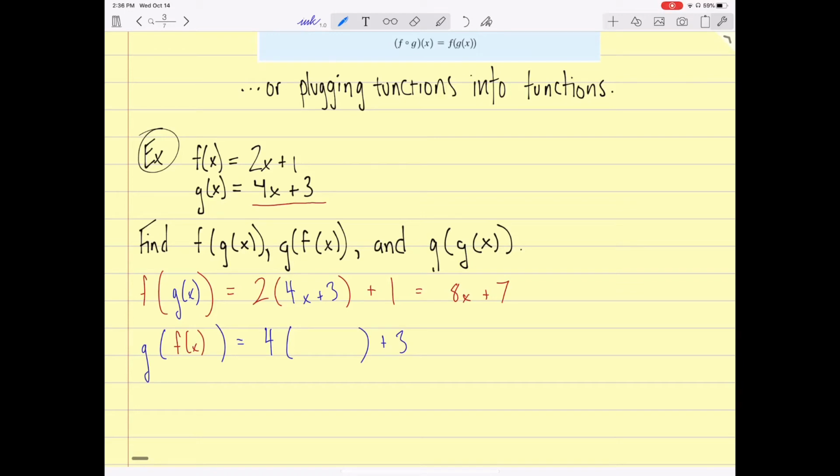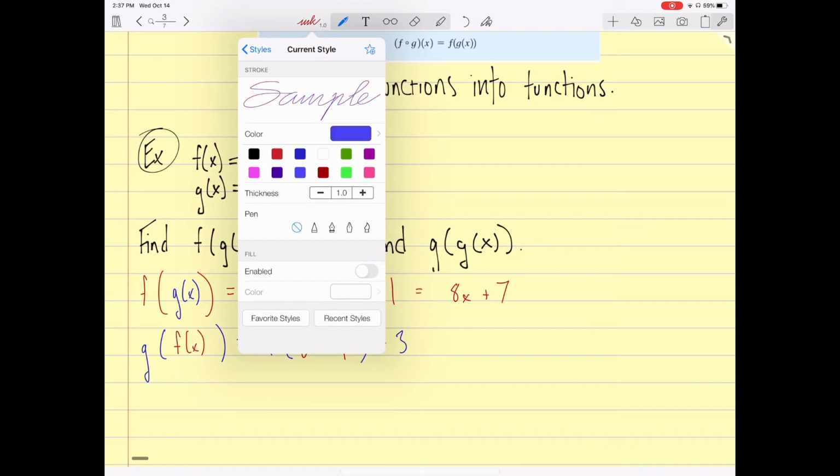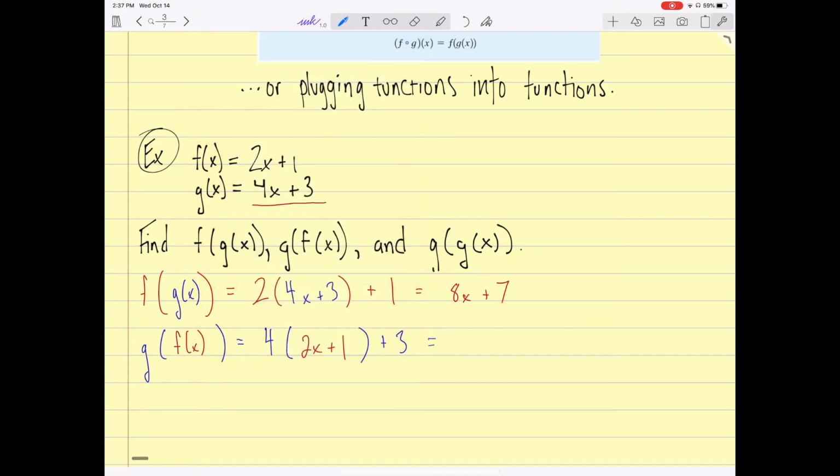So we're plugging in the function f into this one. So that's 2x plus 1. So then we just simplify that to get 8x plus 4 plus 3, 8x plus 7.